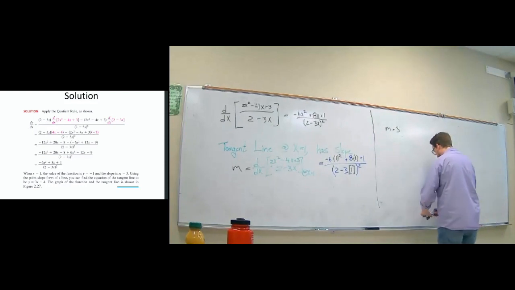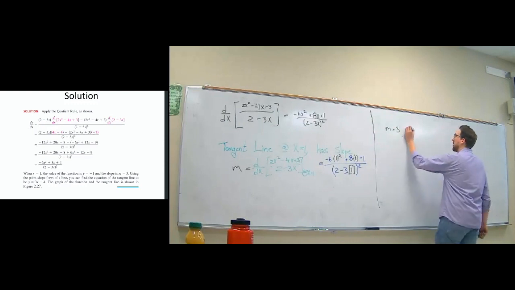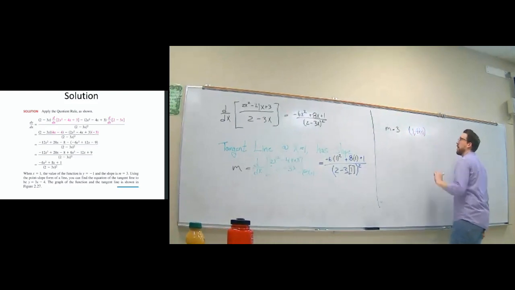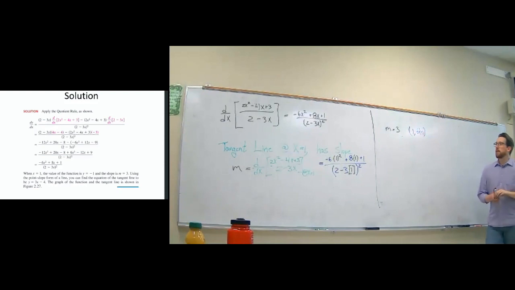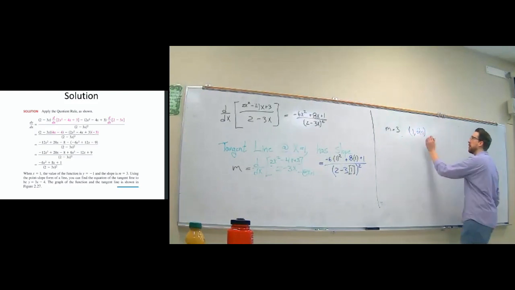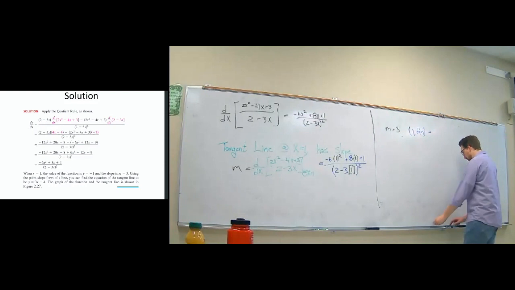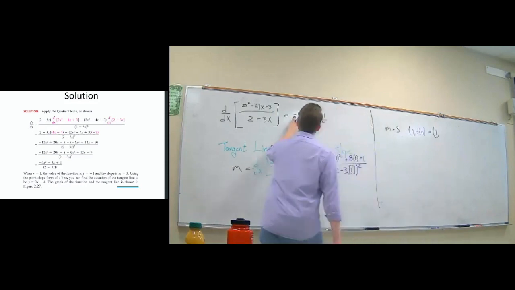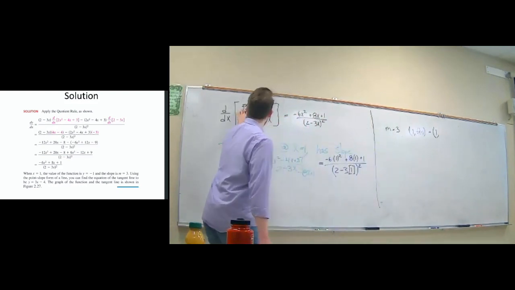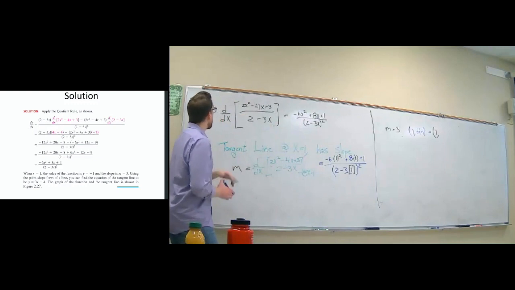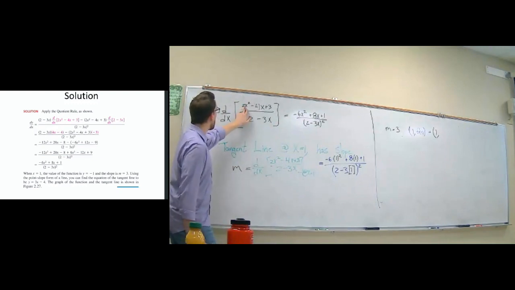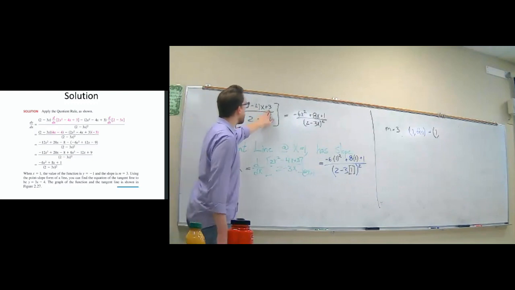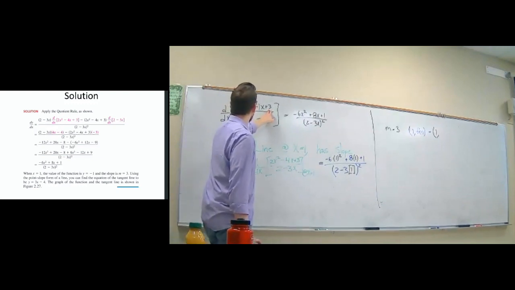Now, the next thing we need to know is what our x, y values are. We know x is 1, and we know y is going to be our function evaluated at 1, right? Plugging 1 in, that is 2 minus 4, that's negative 2, plus 3 is negative 1.